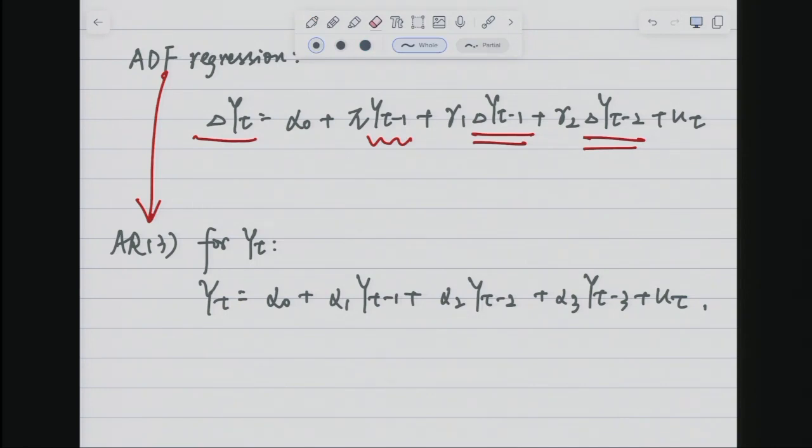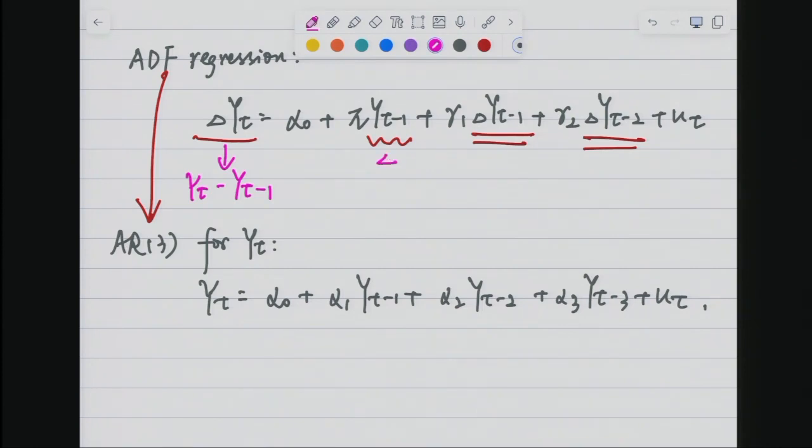To see why this is the case, we simply need to check that the two regressions involve exactly the same terms. In the ADF regression, the dependent variable is the difference between yt and yt minus 1.